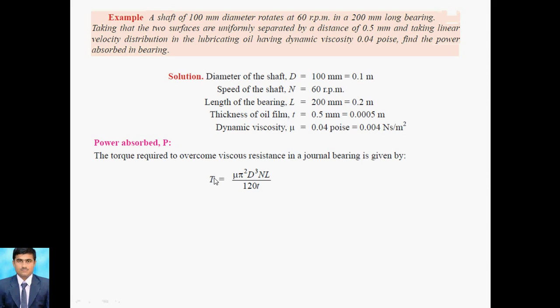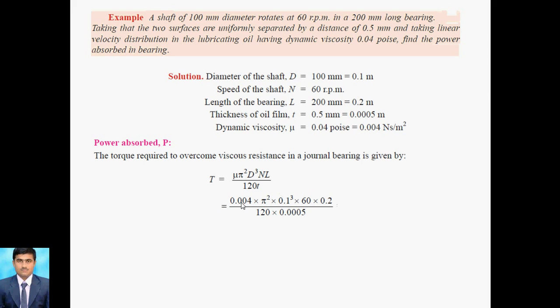So for finding out the torque for journal bearing, we write the relation and then we put up the value. So mu is 0.004, pi square as it is, capital D is 0.1 cube, N is 60, L is 0.2 as it is, divided by t, the thickness of the film, that is 0.5 mm. But convert into meters, so that's why 0.0005.